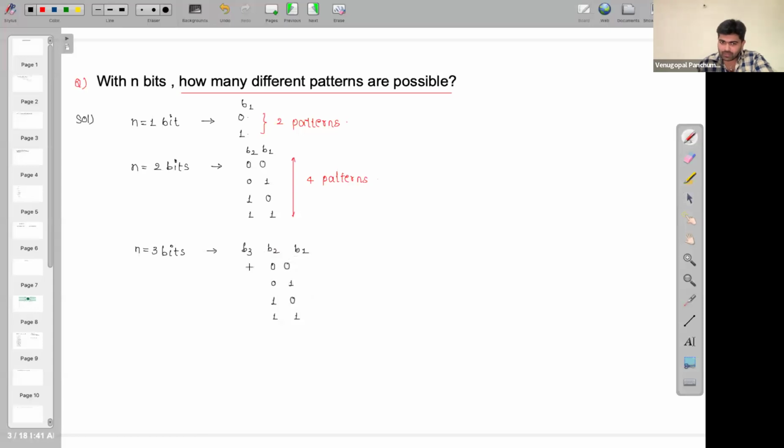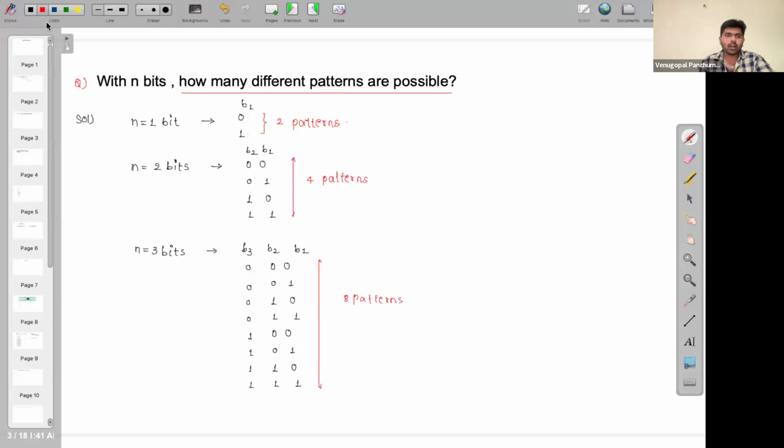In place of B3, first you put all zeros. Then again you take these 4 as they are and put all ones here. So with 3 bits, the total patterns possible are 8.